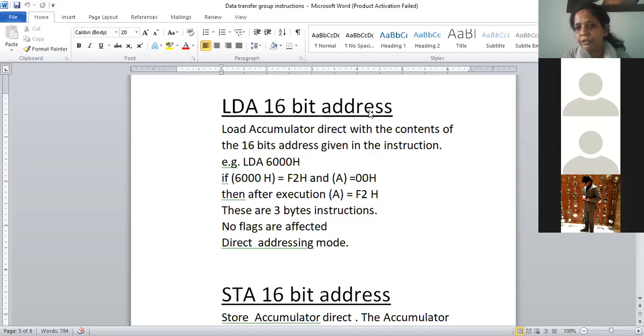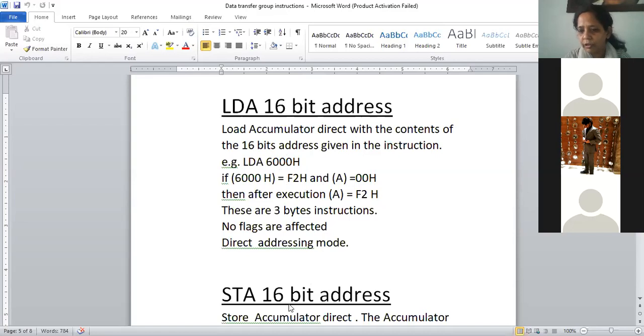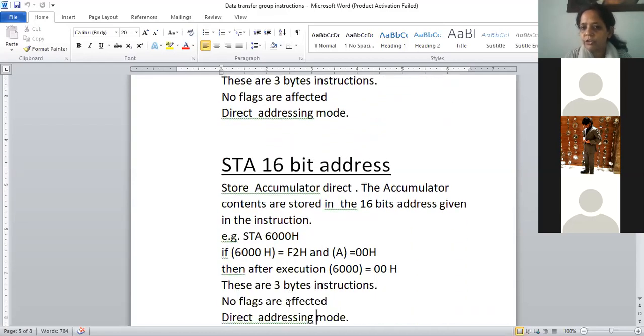In LDA, the contents of a 16-bit address will be transferred to A. So LDA, then you need a 16-bit number, 6000. If the contents of 6000 are F2, and earlier suppose A was 00, then after execution of this instruction, your A value will be the contents of 6000, that is F2. So A becomes F2.